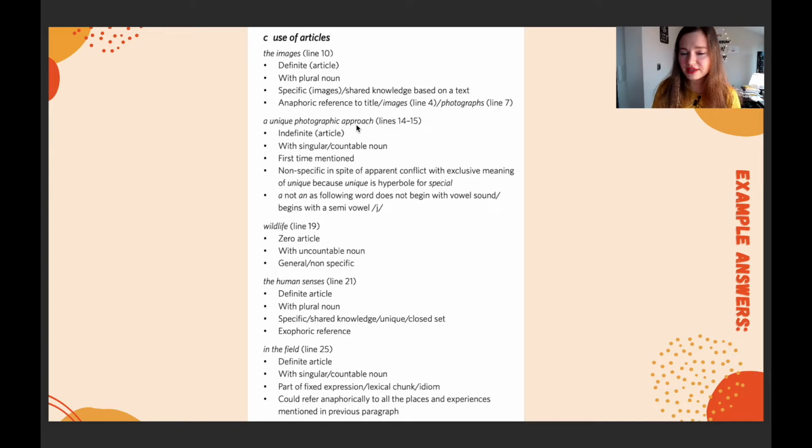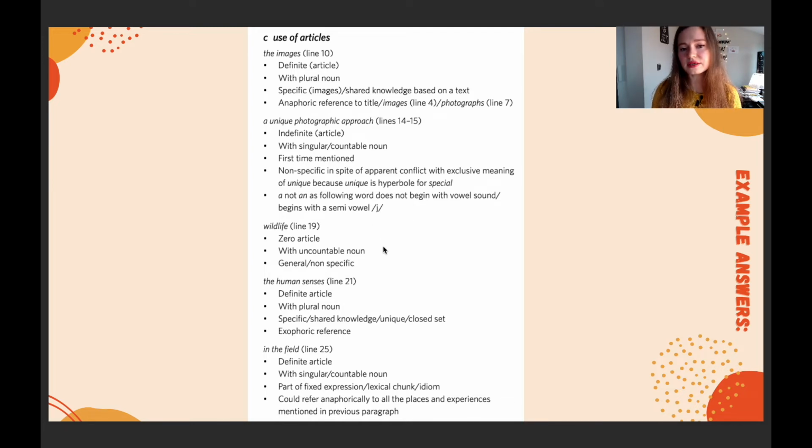A unique photographic approach: indefinite article with singular countable noun, first time mentioned, really important to put it here. You can gain an additional mark for this. Non-specific in spite of apparent conflict with exclusive meaning of unique, and a not an, as the following word doesn't begin with a vowel sound, it begins with a semi-vowel, as I mentioned before, y.